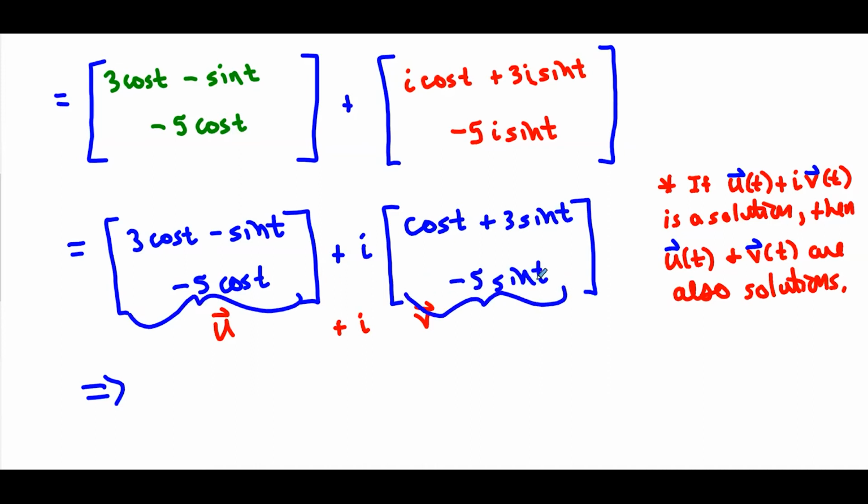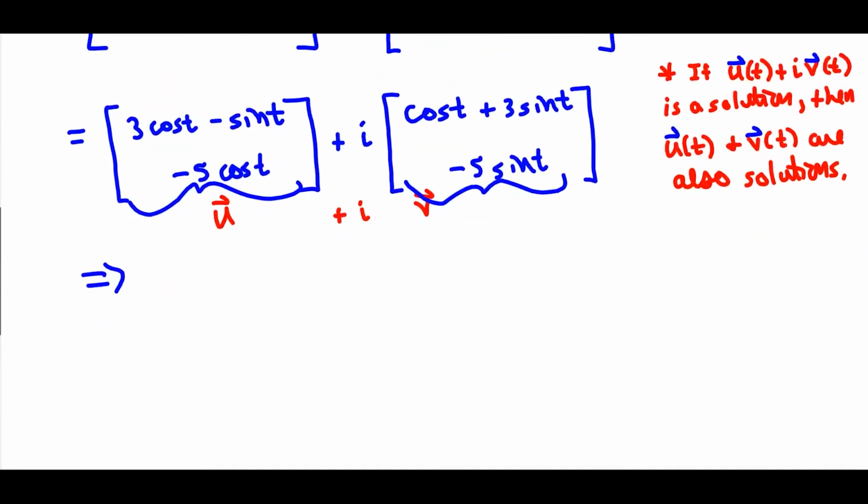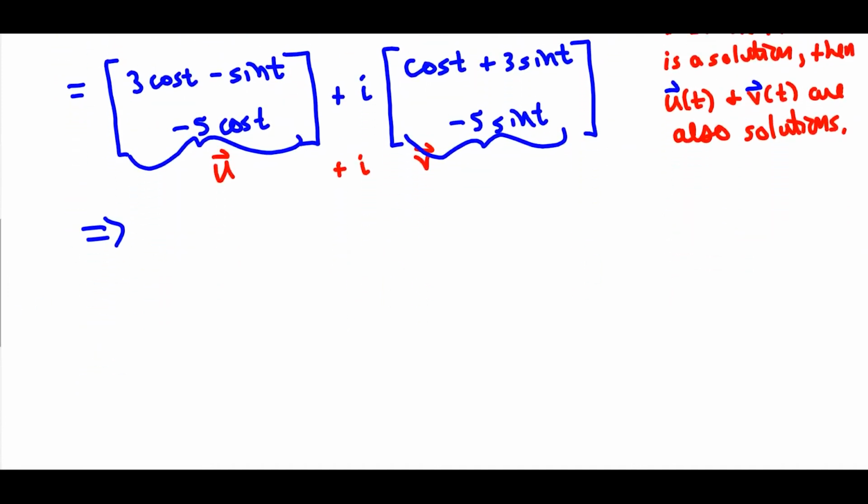And in this case, we need 2 linearly independent solutions. These guys are automatically linearly independent. You can show it with the Wronskian, right? If you compute the Wronskian, you can see that these vectors are independent.